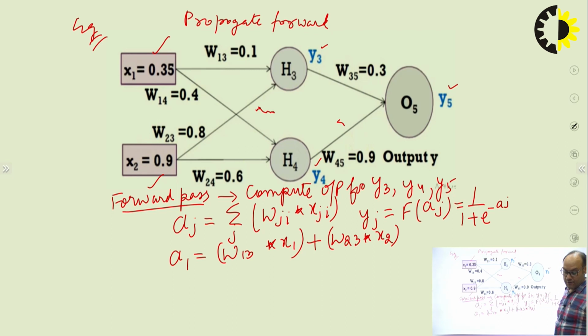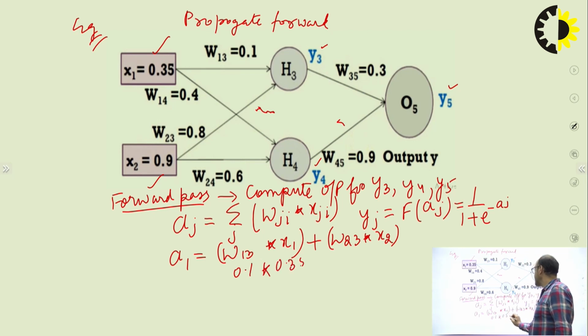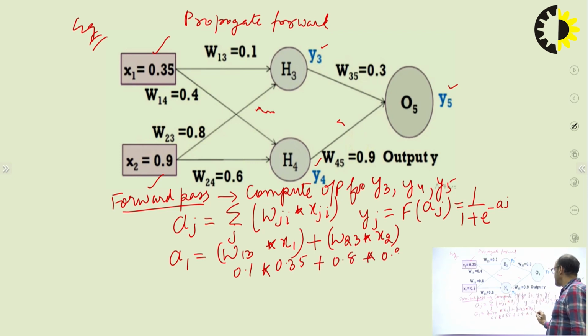Now we have to put the value here. W13 is given 0.1 multiplied by x1 0.35 plus W23 it is given 0.8 multiplied by x2 it is given 0.9, right. Then after calculation we will get the value 0.755, right.